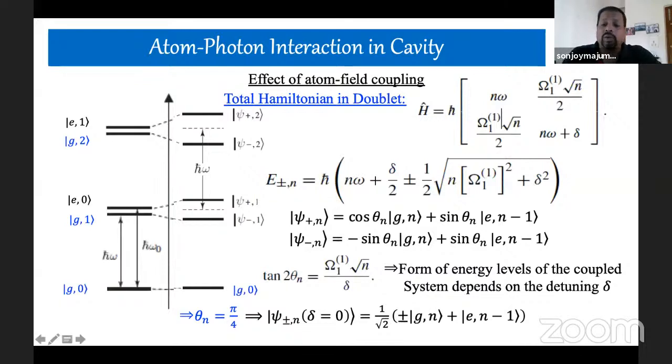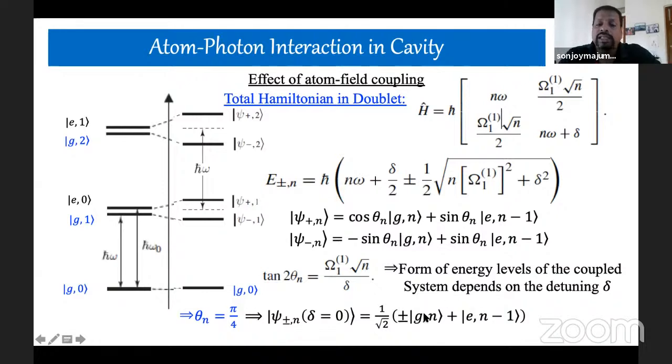Or if I observe the excited state, the system will collapse to the n minus 1 photonic or electromagnetic state. That means the superposition of the different number states of the electromagnetic field is lost. So if you measure either system, the electromagnetic field or the atom, you will break the superposition.